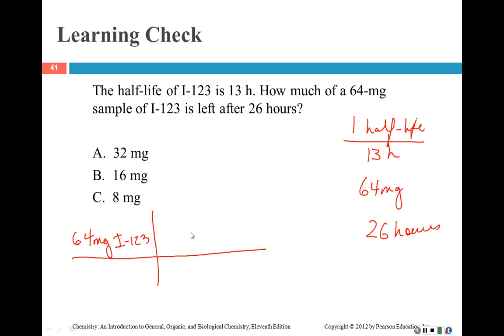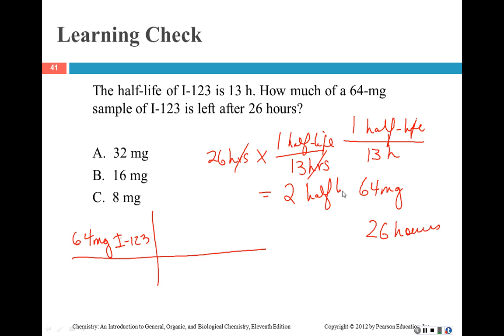You know that if you've got 13 hours in 1 half-life and you've got 26 hours, then that's going to give you how many half-lives? 2, right? Because you have to figure out the half-lives. Okay, so you've got 2 half-lives.